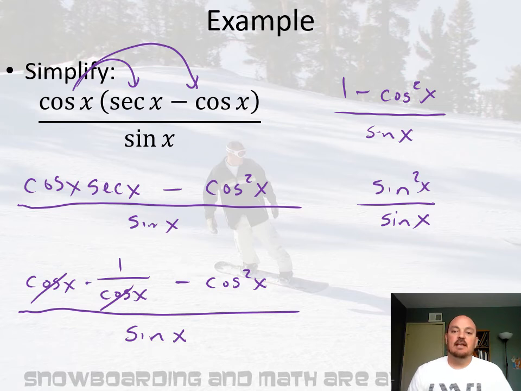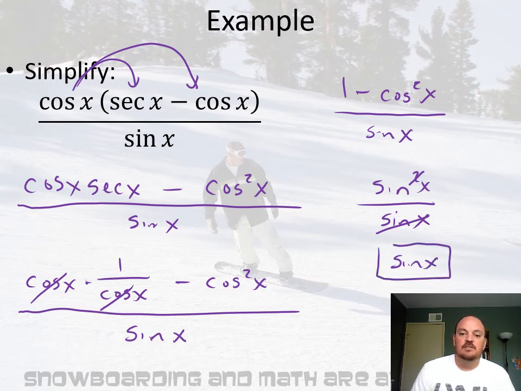So what we have right now is sine squared x over sine x, and one of those will cancel. Remember, sine squared x means sine x times sine x. So what I can do is basically cancel one of them with the one on the bottom, and my final answer is sine x.